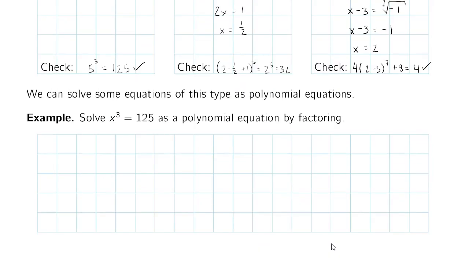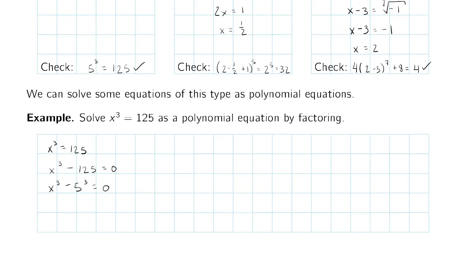For example, if we have x to the third equals 125, and we think of that as a polynomial equation, well, we want to get 0 on one side, so we'll subtract 125 on both sides. But I know that 125 is a perfect cube. So this is a difference of cubes.